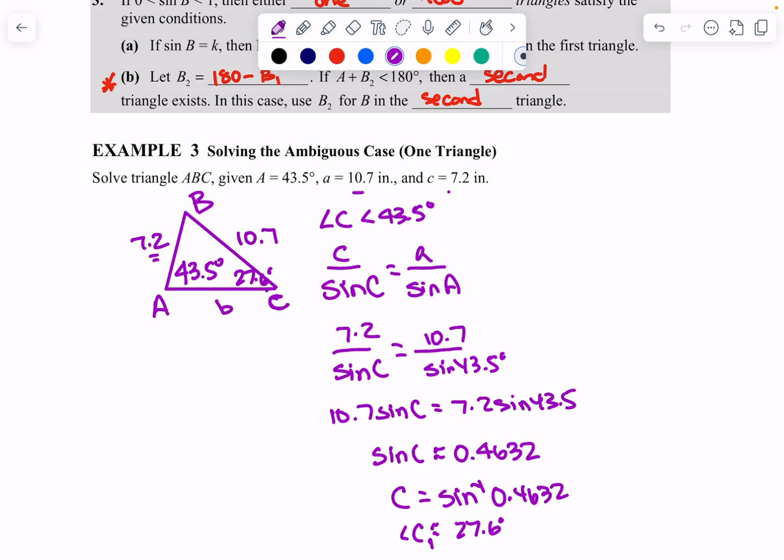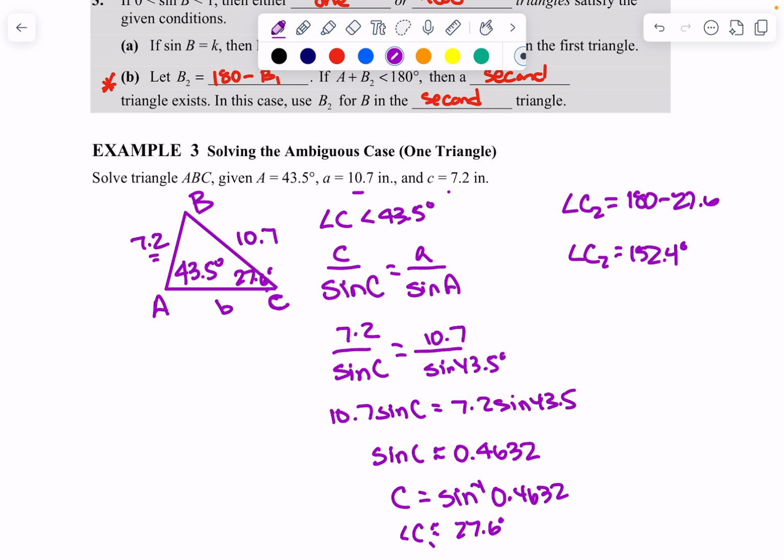That would be C1. Then C2 would be 180 minus that 27.6 degrees, which means that our proposed C2 would be 152.4 degrees. But we have a couple things helping us here.